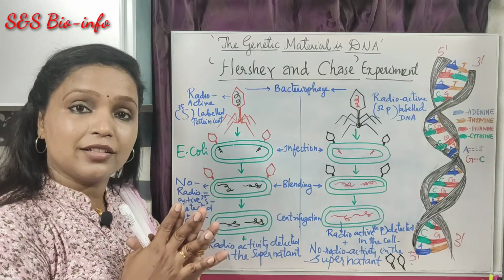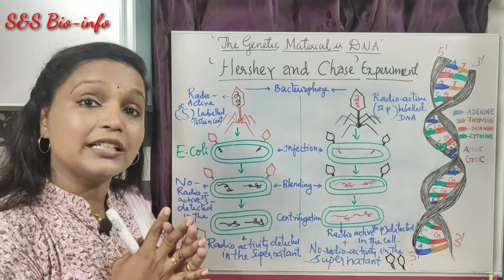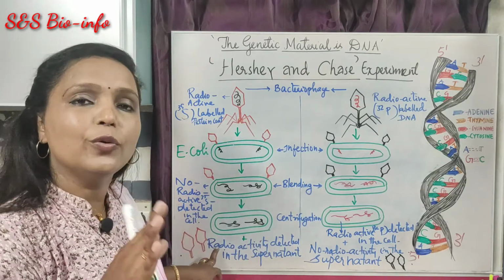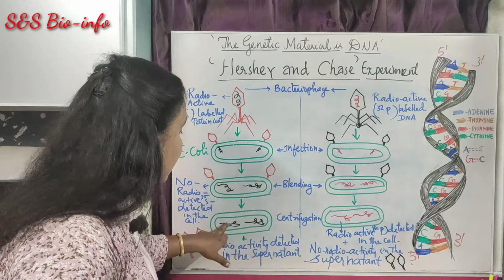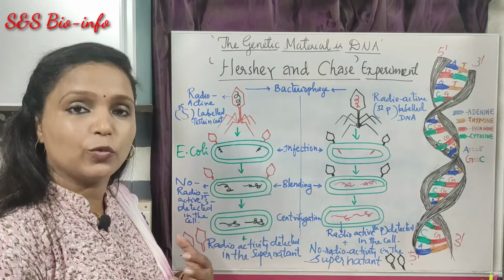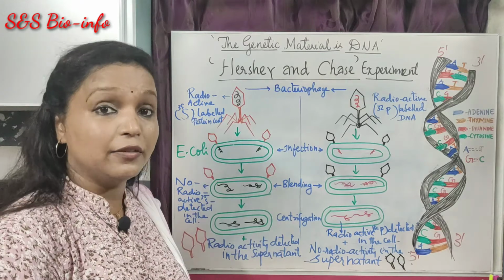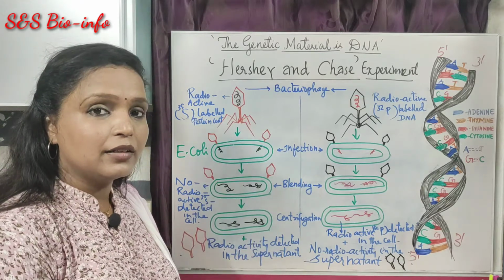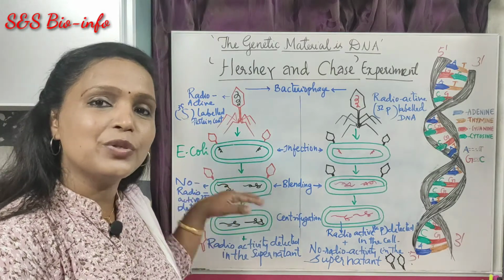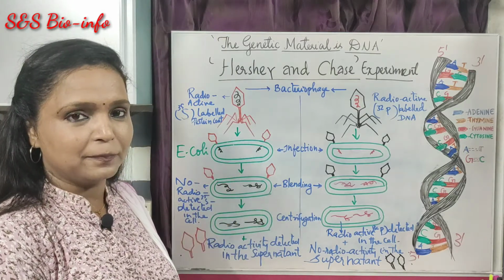They could detect the radioactive labeled sulfur in the supernatant. No radioactivity was detected inside the E. coli cell. What does it mean? During the infection, what happened here? The DNA, the genetic material, could get into the E. coli bacterium.